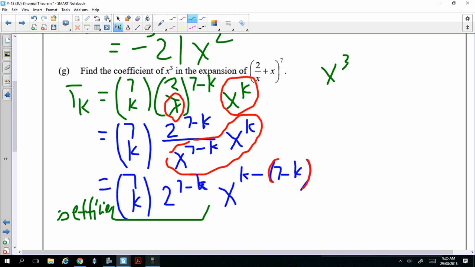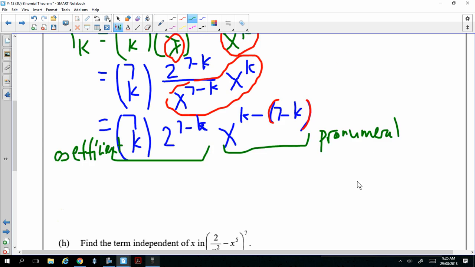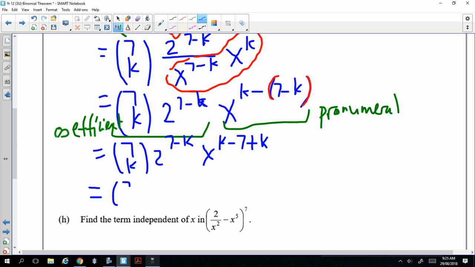And then you do more work to simplify it. So we keep going. 7Ck, 2 to the power 7 minus k, x to the power of k minus 7 plus k, because of the bracket, the double minus becomes plus. And you keep going. 7Ck, 2 to the power 7 minus k, x to the power of 2k minus 7. So that's the key part you write in.